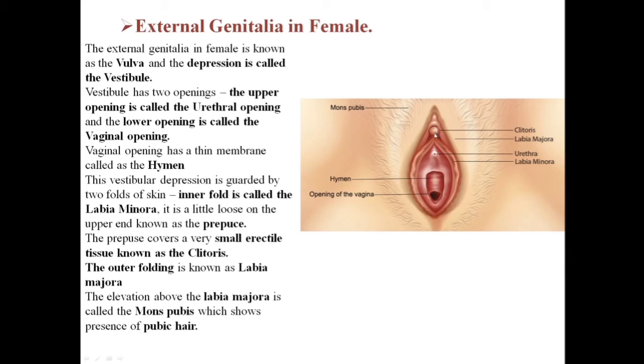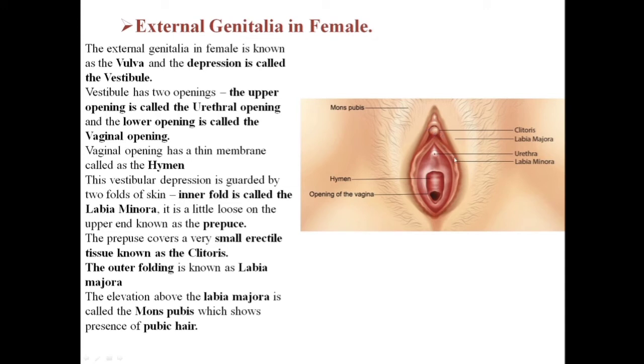Clitoris is homologous to penis, as both of them have the same tissue, that is corpora cavernosa, the tissue which is responsible for erection.